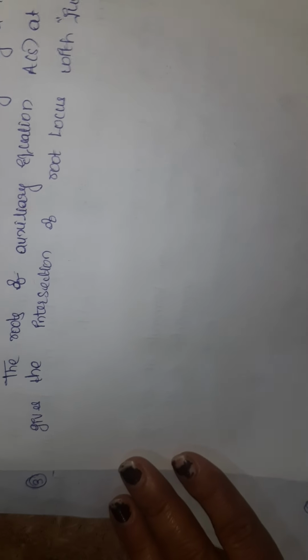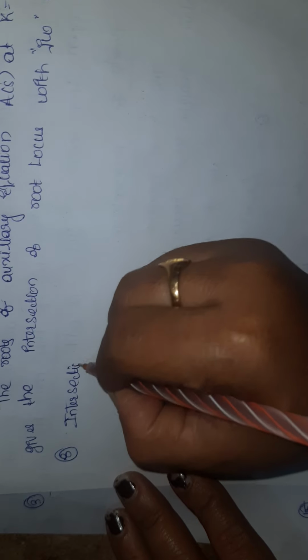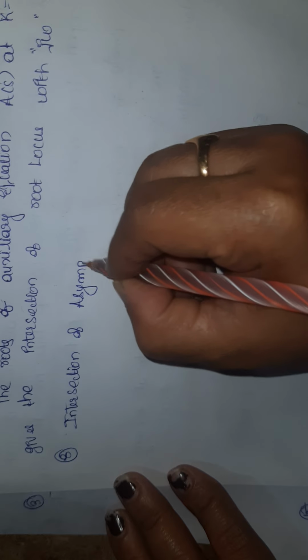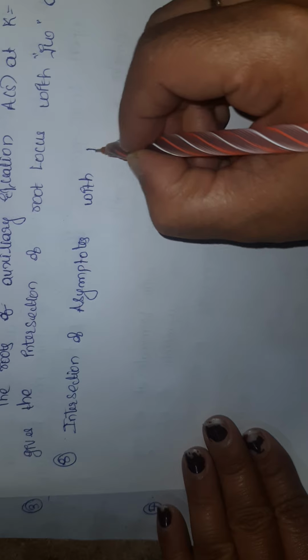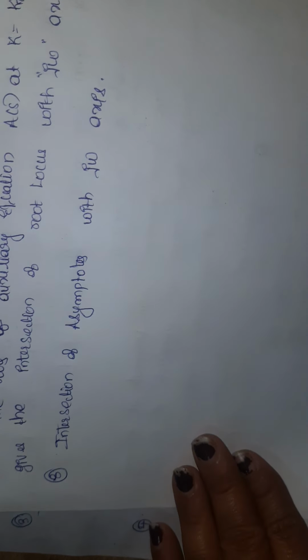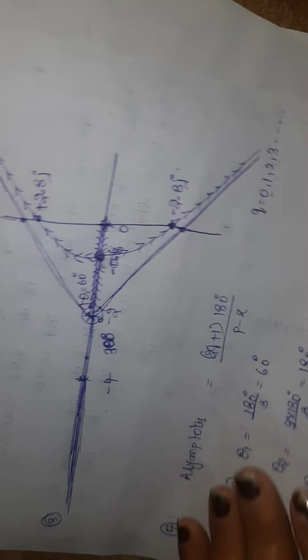The eighth rule is about the intersection of asymptotes with the j omega axis. How will this be calculated?